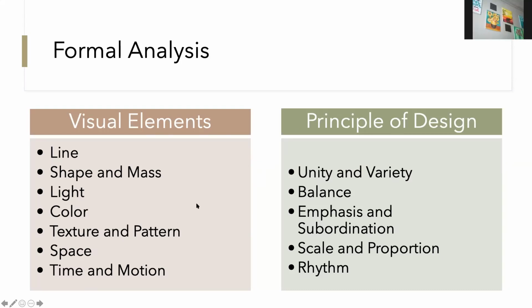And artists also use the principles such as unity and variety, balance, emphasis, subordination, scale, proportion, and rhythm to organize the visual elements. So a work of art is therefore a product of the dynamic interrelationships between the various art elements and principles.